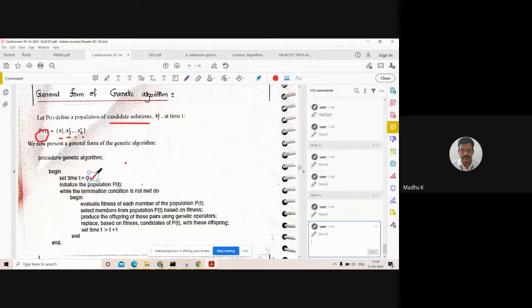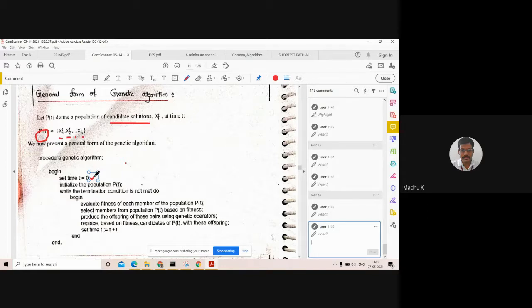Why are we setting time? Because this genetic algorithm is usually applied to solving complex problems, and sometimes it may take a long time, so by setting a time limit we can stop the algorithm. That is the use of setting a time.